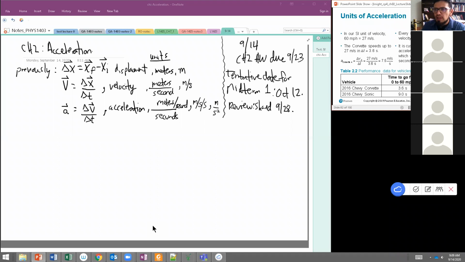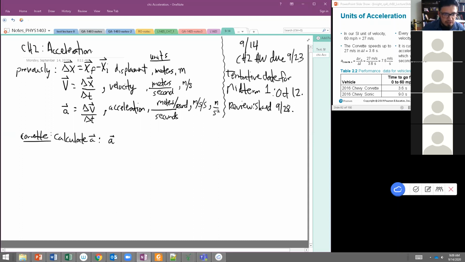And so these numbers, you can use them to calculate acceleration. So for example, for the Corvette, if we wanted to calculate acceleration, I'll start using the actual symbol.